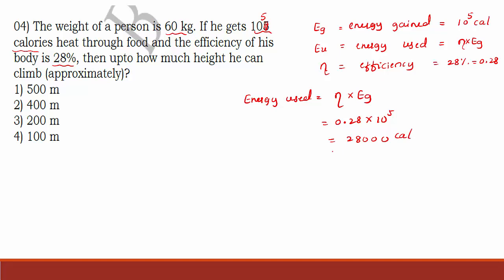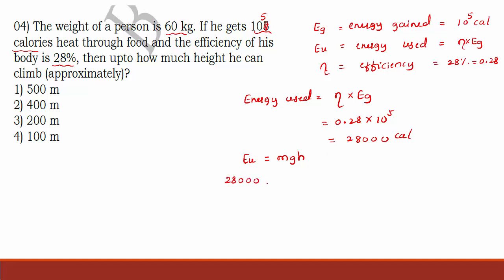Right. Now I am going to use energy used by the person. We have the equation EU, or we can write capital E here. EU means energy used is equal to mgh. We can use this equation, substitute the value. EU we calculated already, that is 28,000 calorie.